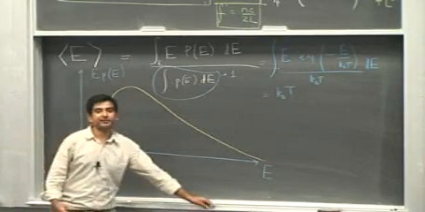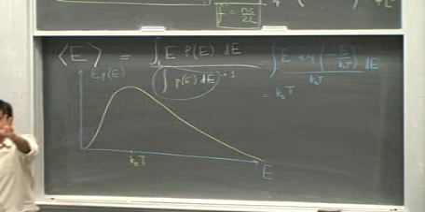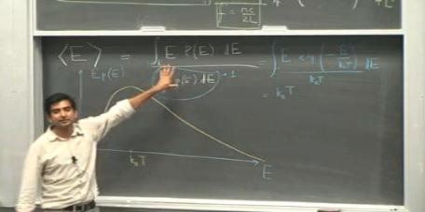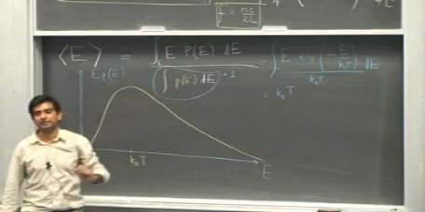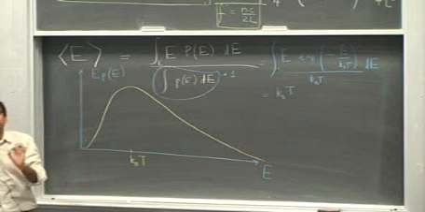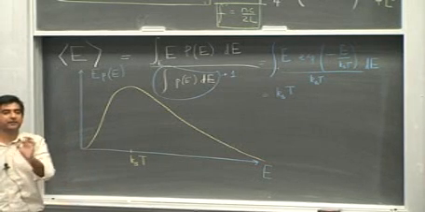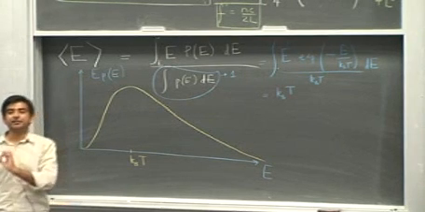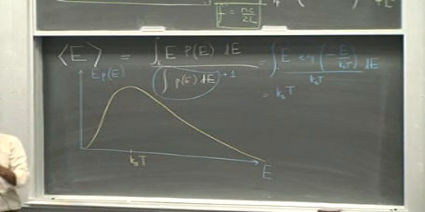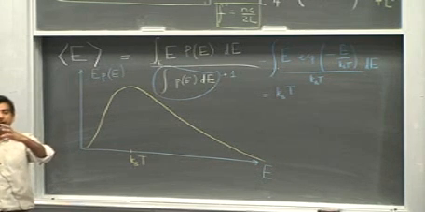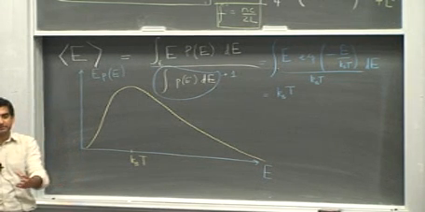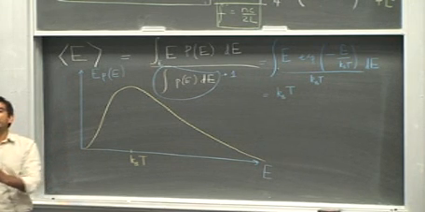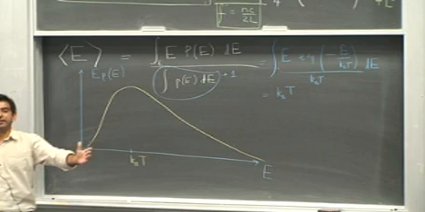Now what did Planck do? Planck supposed, what if we replace this integral by a discrete sum? That is, the energy does not take up continuous values. Instead, he supposed that the atoms of the walls which are in contact with the cavity do not have all possibilities of energy.